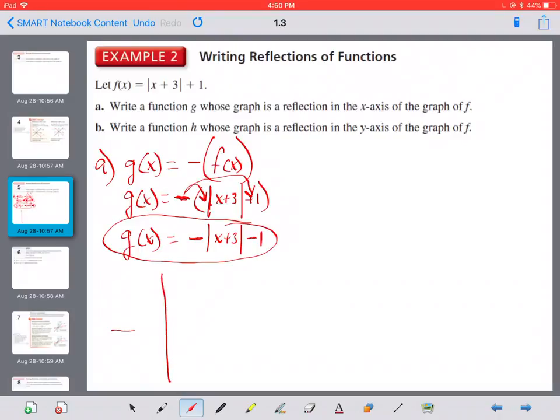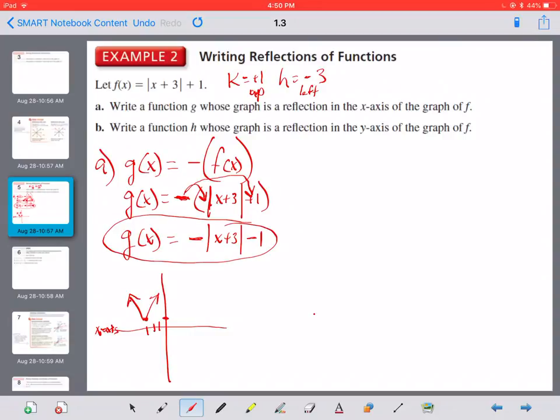Now, if you think about logically what that is saying, if f of x was, my k is up 1, and my h, remember it's opposite to get out, so my k is plus 1, my h, opposite to get out, is negative 3, so that's left, this is up, okay? I'd be left 3, up 1, and it's absolute value, so it'd be a V shape.